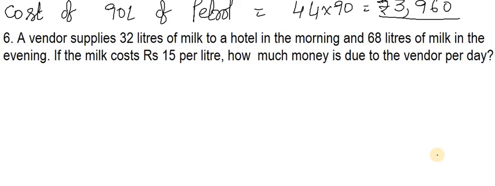We have to find the total liters, and then multiply that number by 15, like how we did the fifth question. The same procedure, no change. In the fifth question we had petrol, and this question is about milk. That is the only change. We will write steps for this.